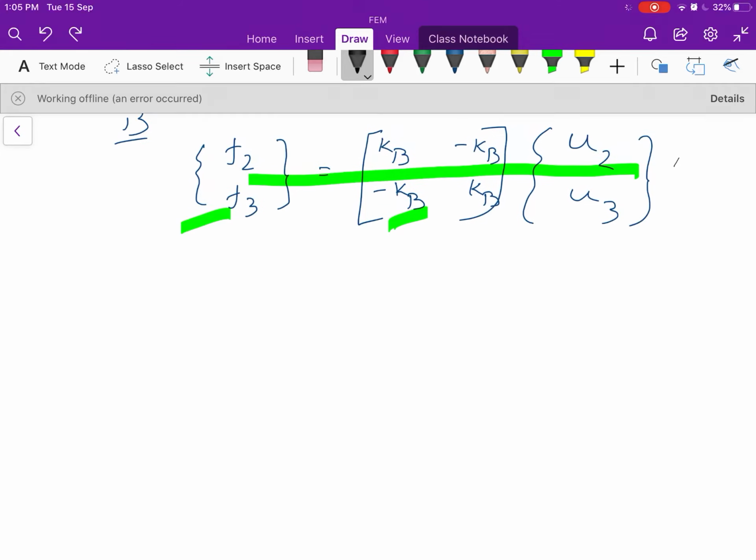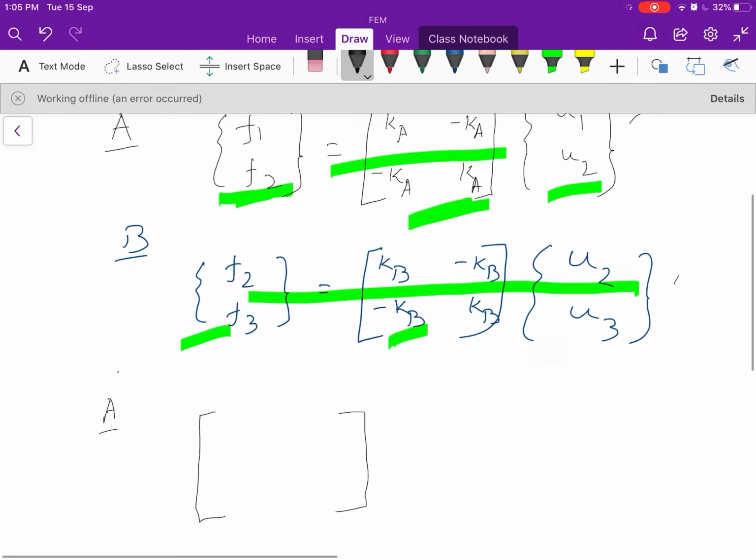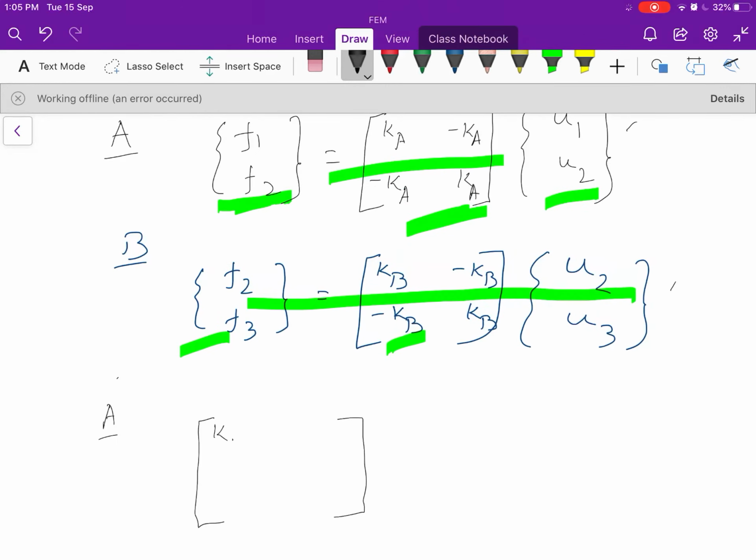When we consider element A, then the stiffness matrix would be Ka, minus Ka, minus Ka, Ka, and this element 1 is associated with the displacements u1 and u2.